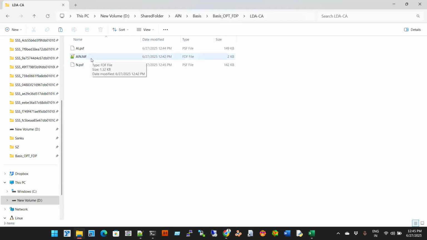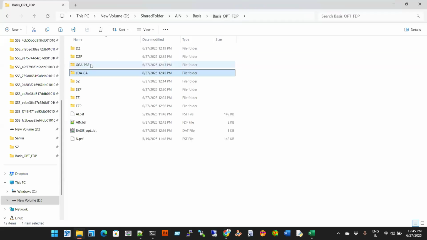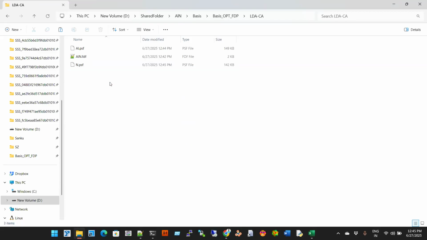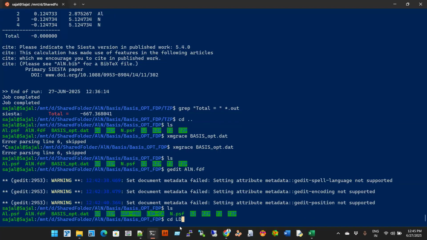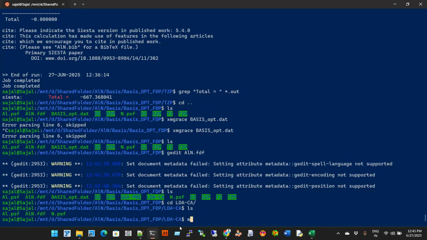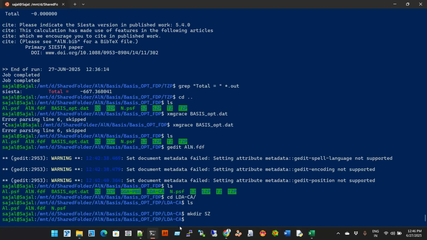We have this aluminum and nitrogen PSF along with the FDF file. Now we want to make calculations for LDA CA for all the cases shown earlier. We have to copy these files to the SZ folder.